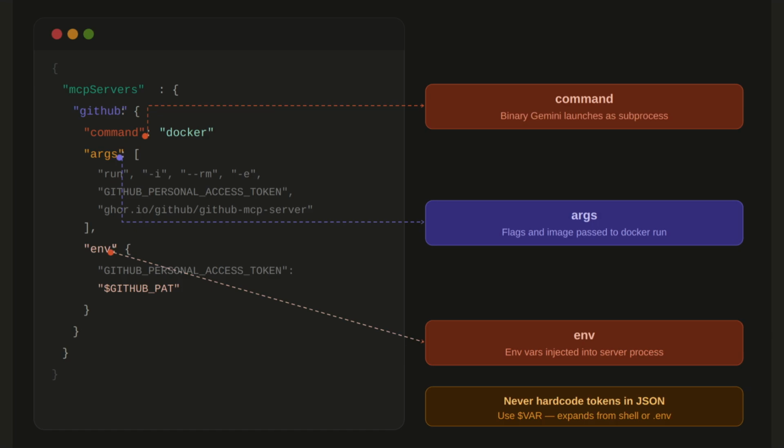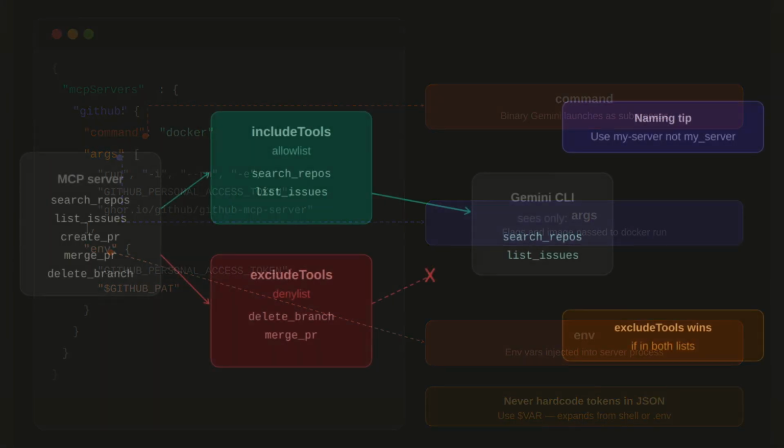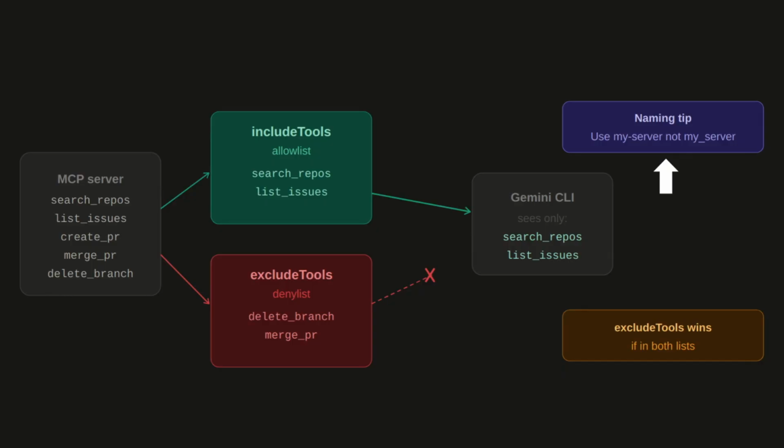Never hardcode tokens directly in the JSON. One naming tip for the server alias: avoid underscores. Use my-server, not my_server. Gemini CLI uses underscores as separators internally when building tool names. So an underscore in the alias breaks the naming convention.